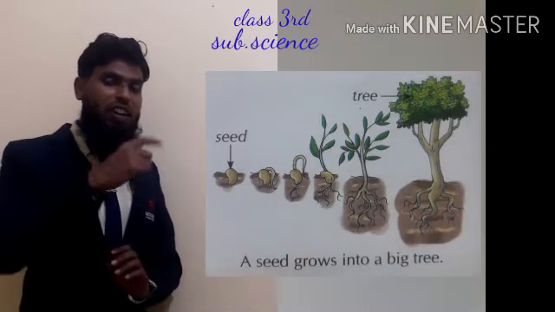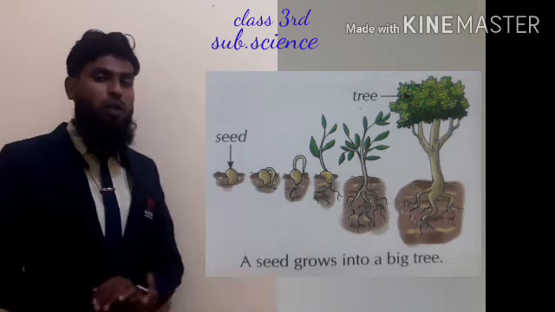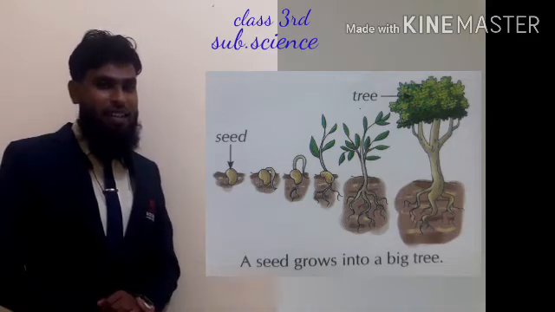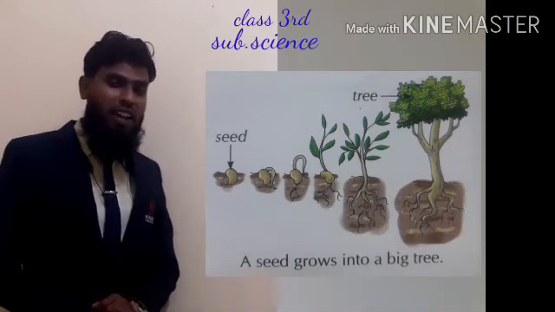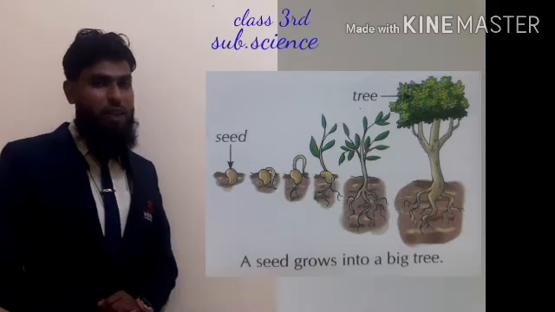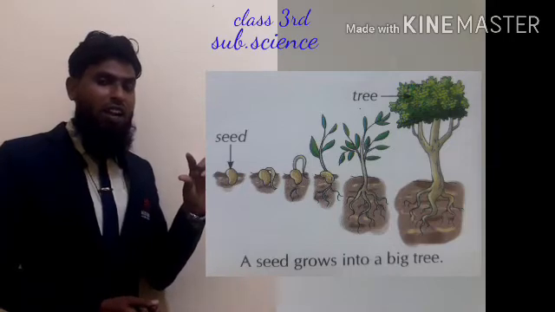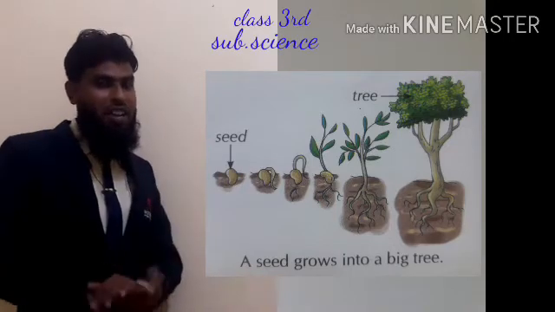That teeny seed is converted into an old or big tree. That means what happened in that? Growth is there. Because of growth, this teeny seed is converted into a big tree.